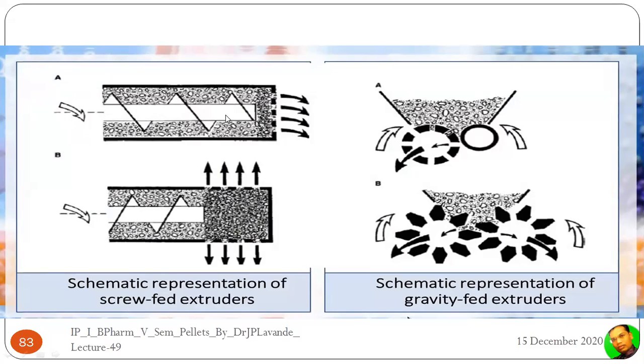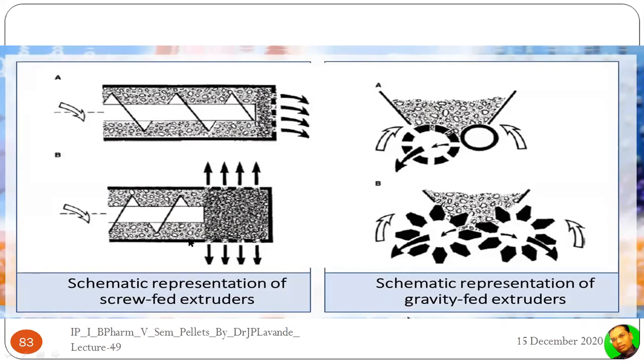So with the help of the screw, as it rotates in this particular direction in both the cases, the material flows in the forward direction and comes out of these orifices, these holes. These holes exclude the larger particles, whereas only the particles or spheres of this much diameter, of this much size, will come out of these holes.